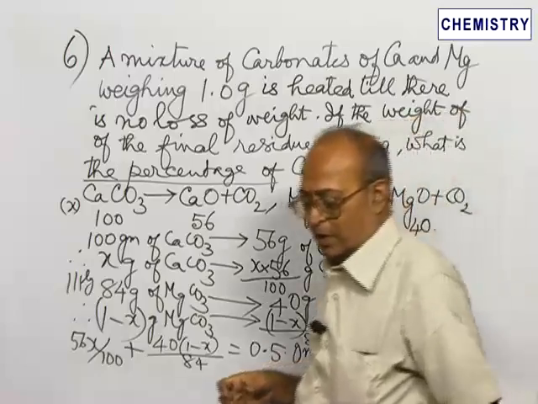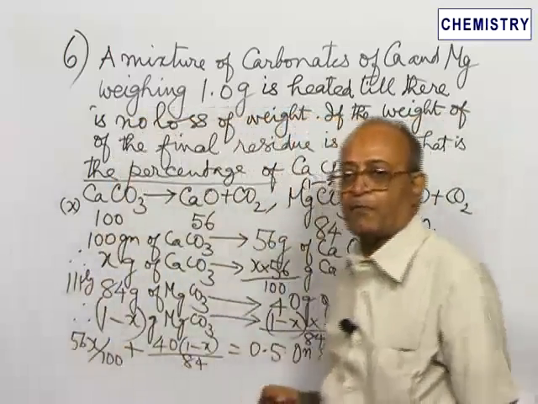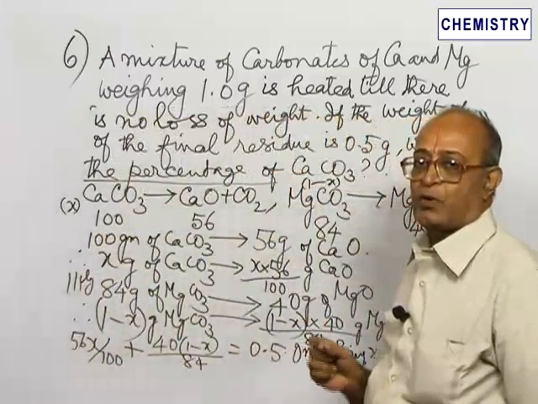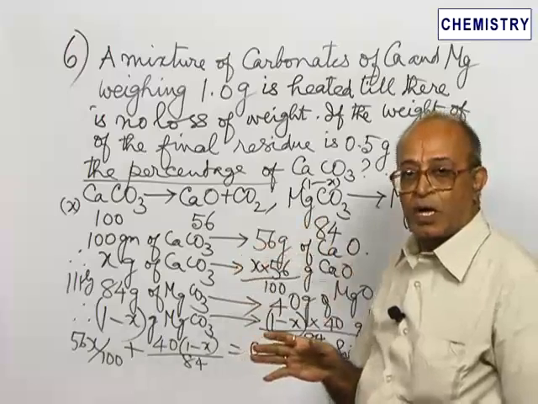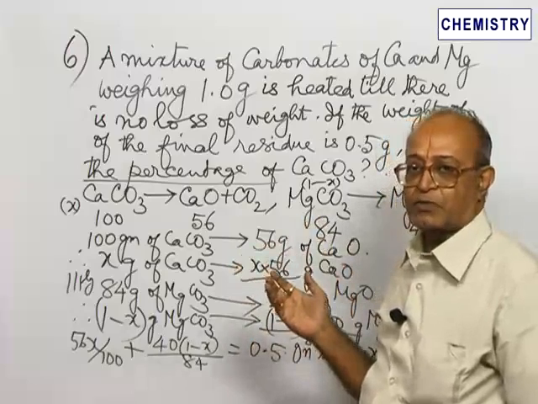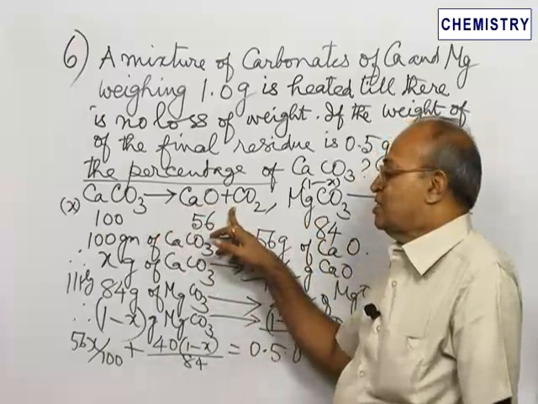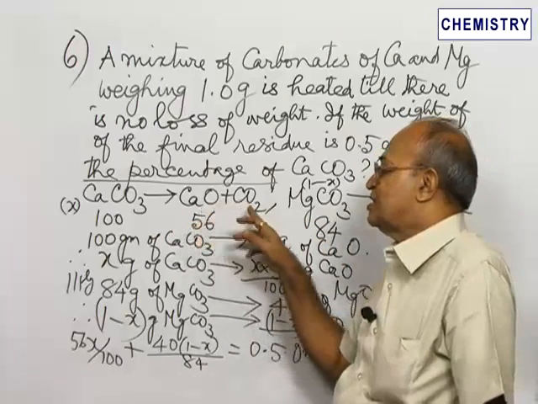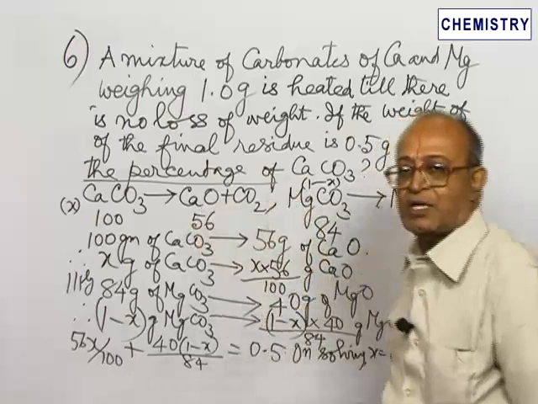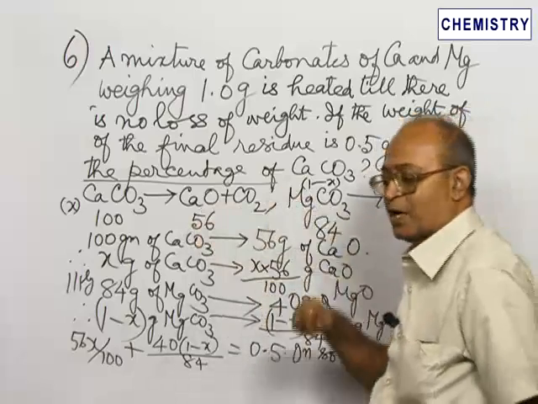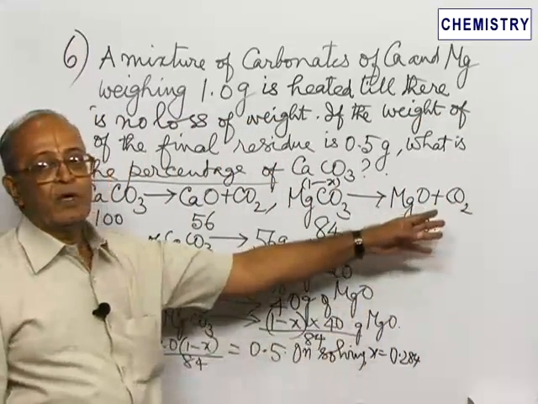Please remember, in working problems of this type, always you should give a balanced equation based on which alone you should work out these problems. It is a balanced equation. CaCO3 on heating gives CaO and CO2. A similar reaction takes place in the case of magnesium carbonate, MgO plus CO2.